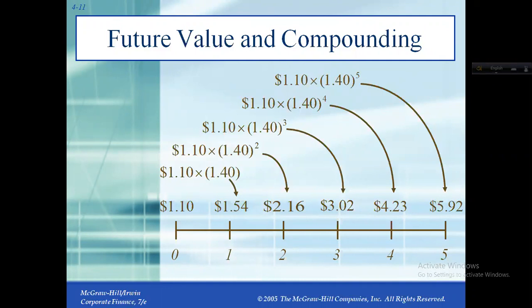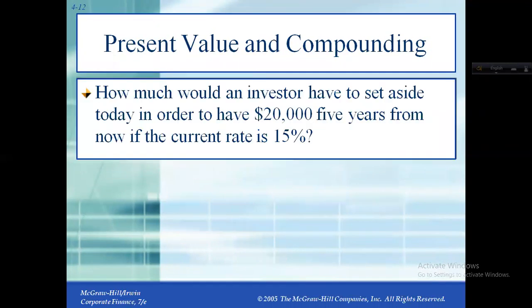In the second year, it will be present value times (1 plus R) to the power 2. So the exponent here is 2, and the value is compounding. After 5 years, the present value of 1.10 goes to $5.92 at the rate of 14%.